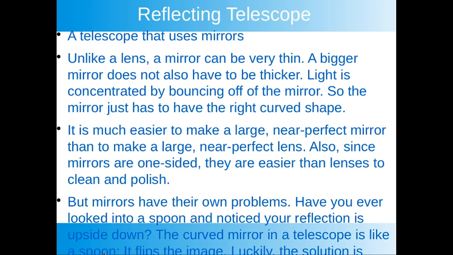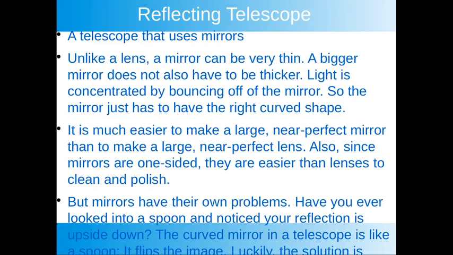Next term is reflecting telescopes. This is nothing but a telescope that uses mirrors. Unlike a lens, a mirror can be very thin. A bigger mirror does not have to be thicker. Light is concentrated by bouncing off the mirror, so the mirror just has to have the right curved shape.